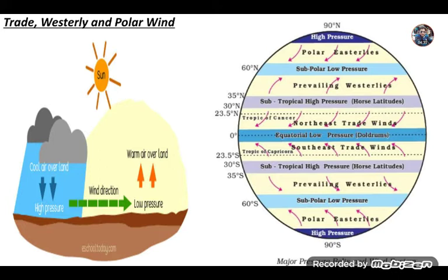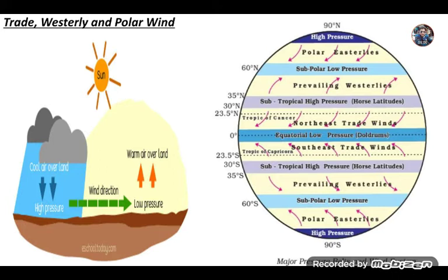In the north you find the northeast trade wind, and in the south you will find the southeast trade wind. Our country lies in the region of the northeast trade wind, and monsoon wind is nothing but an extension of this trade wind.